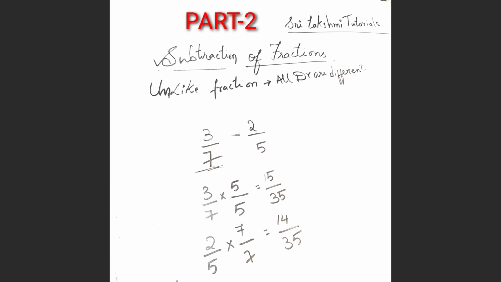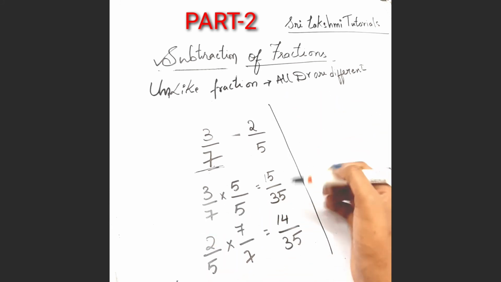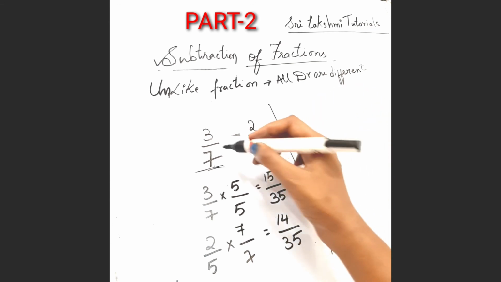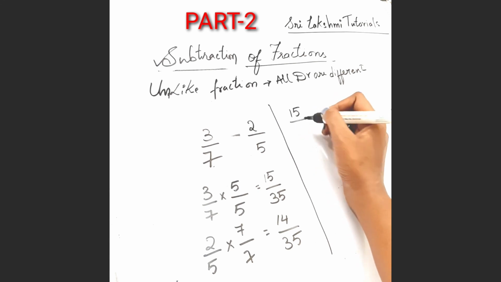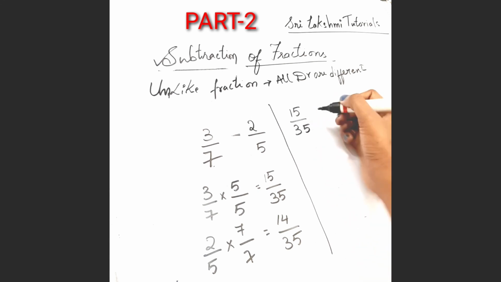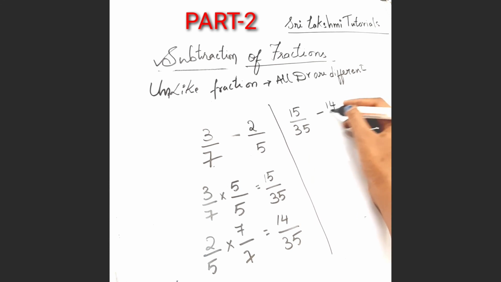Okay. Now we have changed the first fraction and second fraction into like fractions. What is the value of 3 by 7? It is 15 by 35. Then what is the value of 2 by 5? It is 14 by 35. Okay.